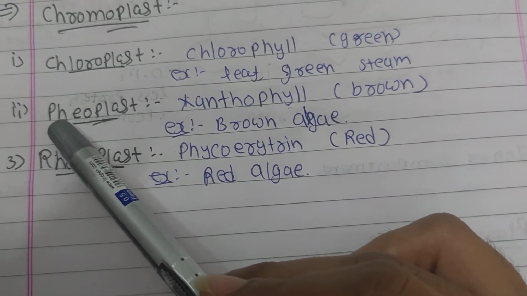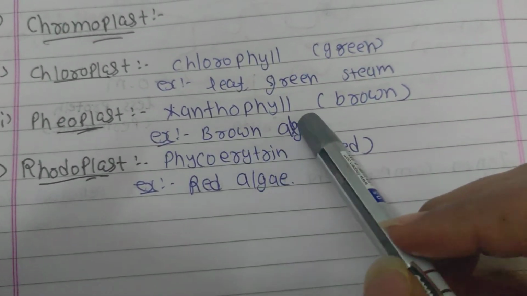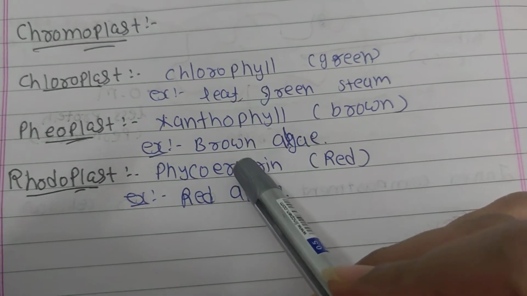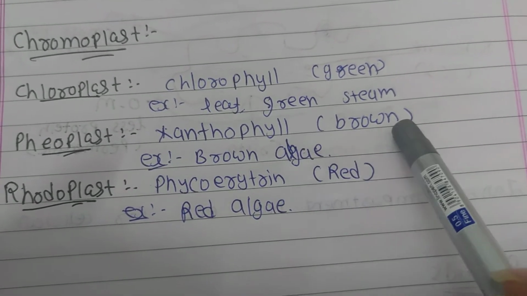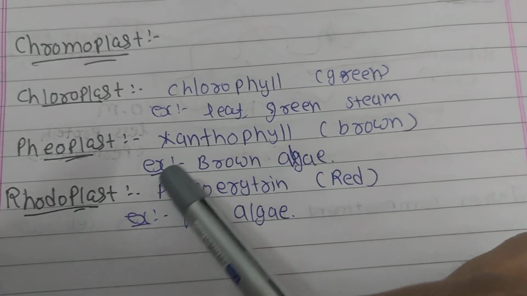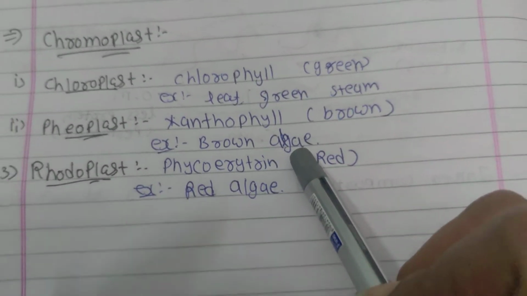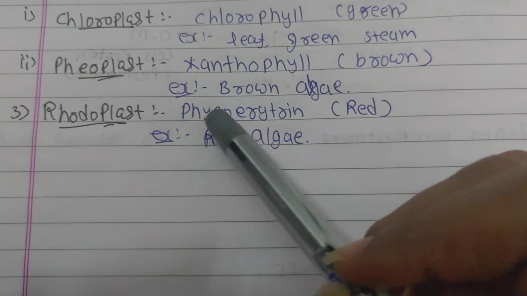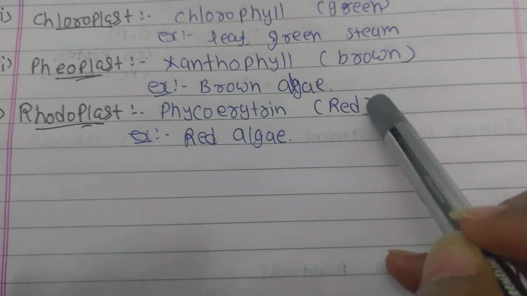The next one is the pheoplast. Pheoplast has xanthophyll as its pigment, which has a brownish color. So it is present in brown algae. Similarly, it has the function of photosynthesis. The next one is the rhodoplast. Rhodoplast has phycoerythrin.